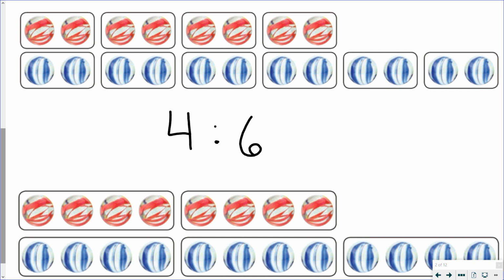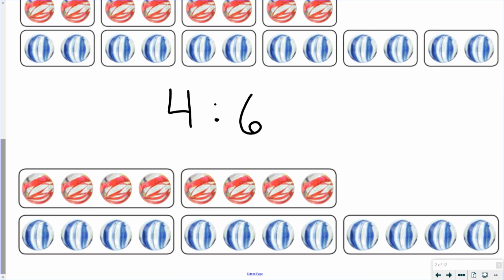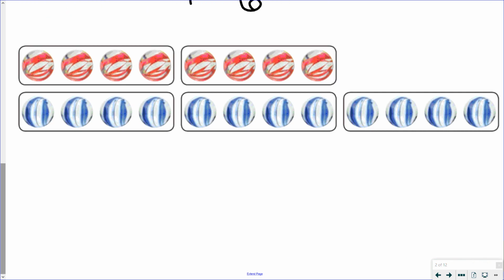Now, one thing to notice is that the actual number of marbles didn't change, but our ratio changed based on how we were grouping them. Or Emma could have decided to put her marbles into groups of 4, which in this case would turn her ratio into 2 to 3, because she has 2 groups of 4 red marbles and she has 3 groups of 4 blue marbles.